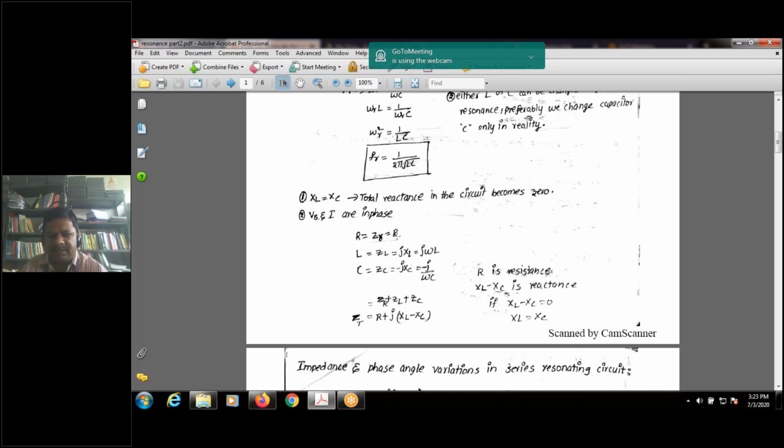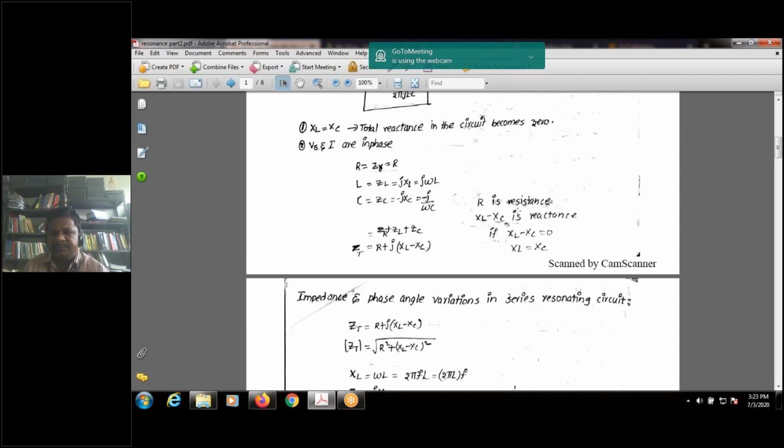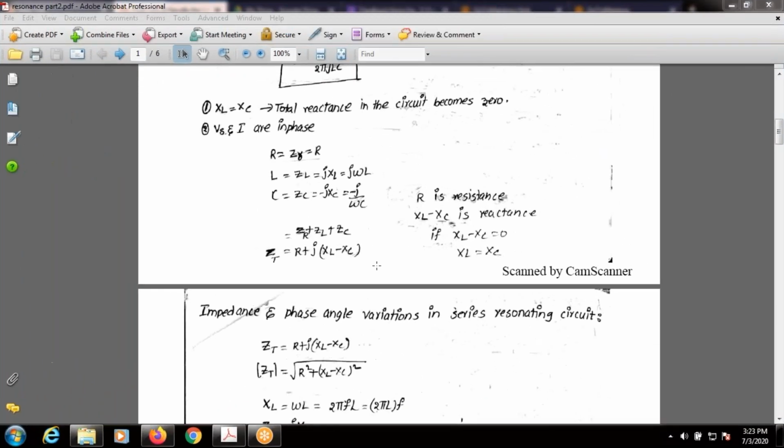R is a resistor. When XL is equal to XC, XL minus XC is equal to 0. Right. Now the total impedance in the circuit, ZT is equal to R plus j (XL minus XC). That is the total.